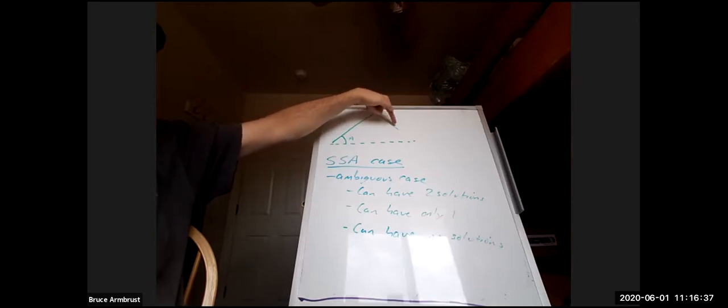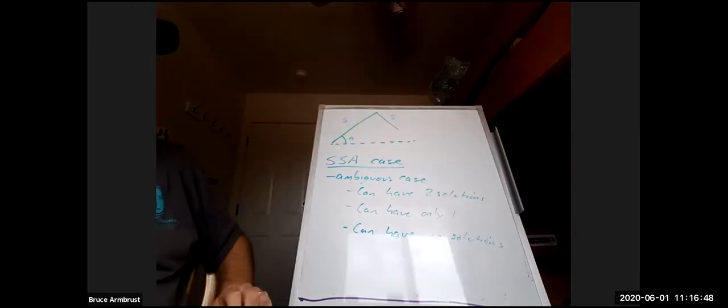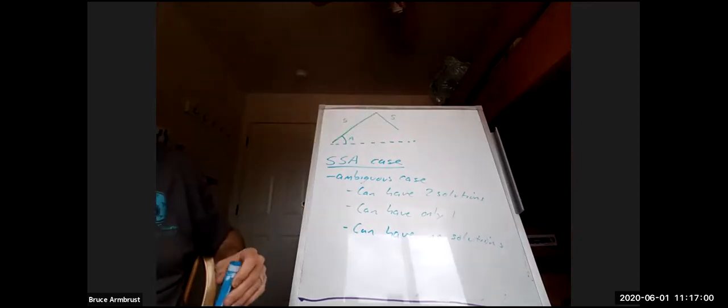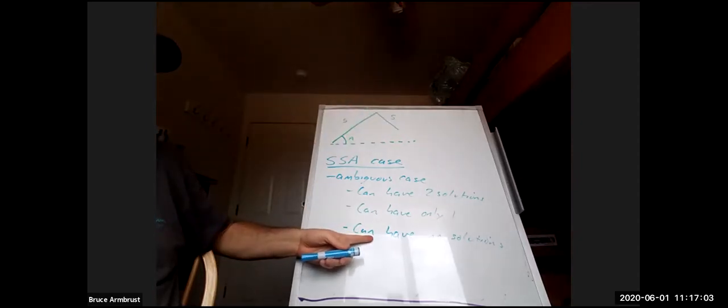Right now, in order for me to make this a triangle, I need to swing this side, rotating it until this point on the end of it touches this dashed line. Let's say that S is the length of my pen. No matter where I rotate it, it's never going to hit this dashed line. That would be the situation where we have no solutions.